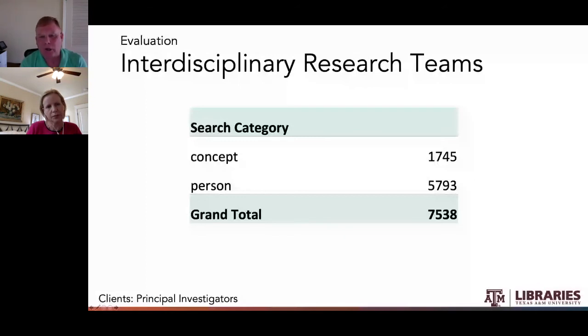But we are seeing a large portion of the usage of our system around concepts, where some users are going in with particular search terms like cancer or water. We wouldn't do wild rice, but other top terms like that. And they're trying to find expertise in those areas. So evidence that the system is working as intended.